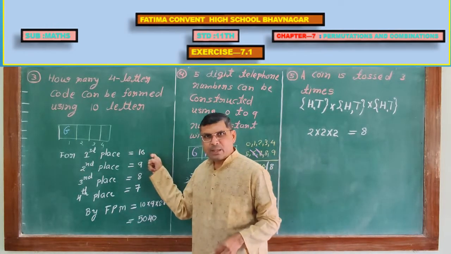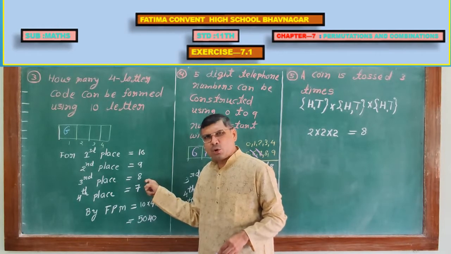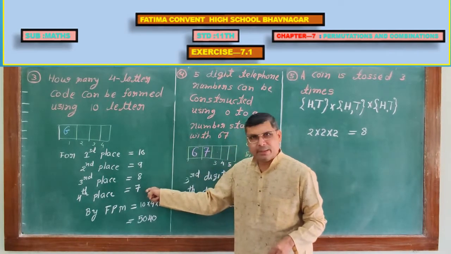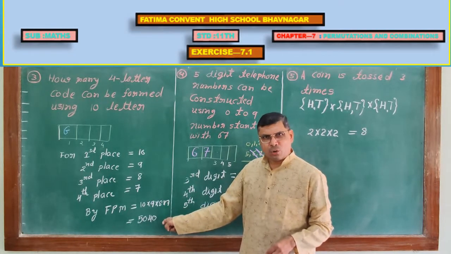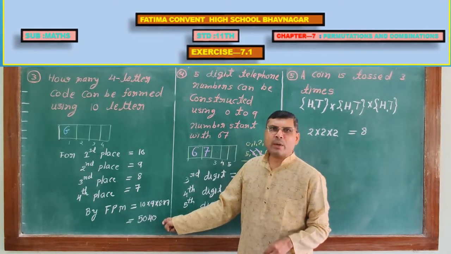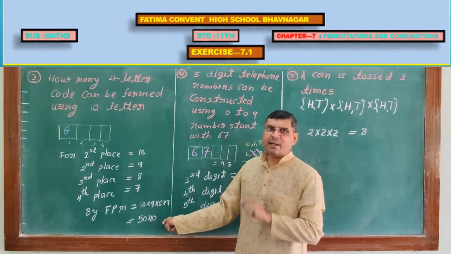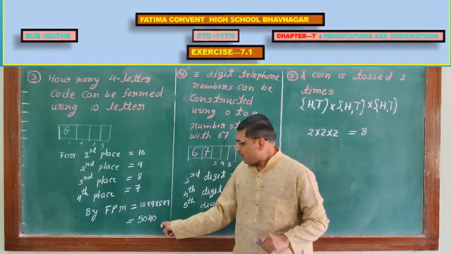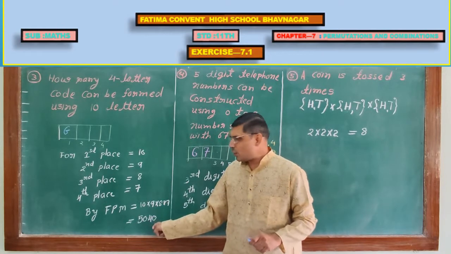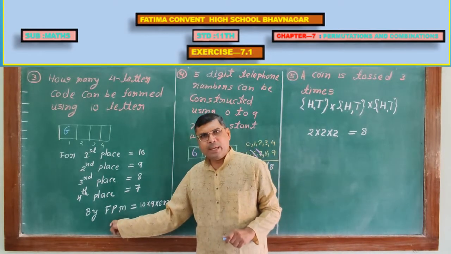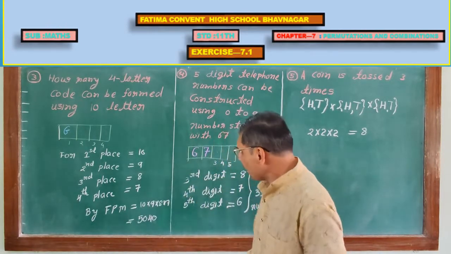So 10, then 9, then for the next place 8 choices, then 7. So the total number of ways you can select a 4-letter code using the 10 alphabets is 10 into 9 into 8 into 7, that is 5040, by FPC, the fundamental principle of counting.